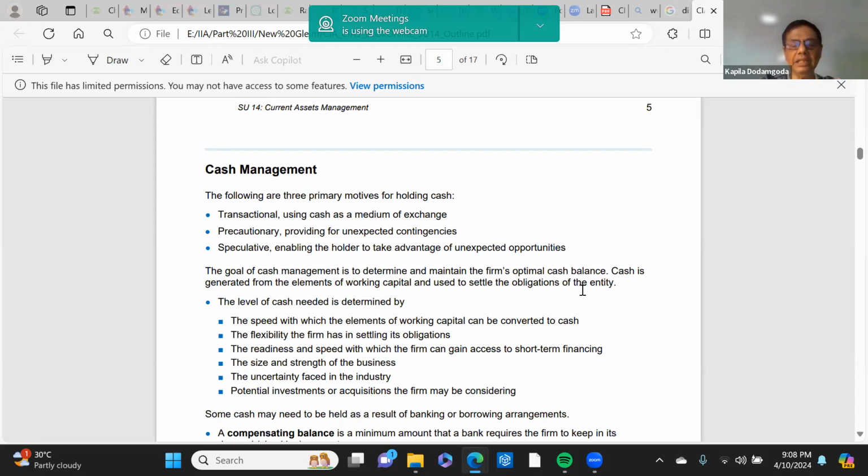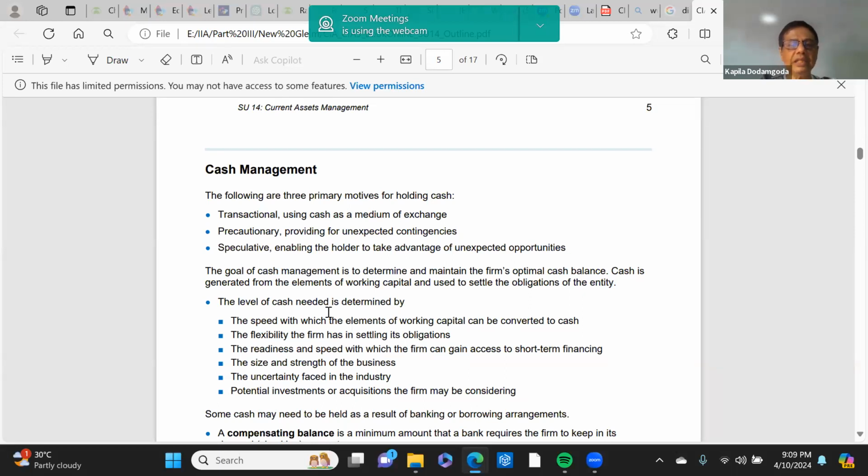So when you decide on the optimum cash balance, usually the cash is generated from the elements of working capital, right? In your working capital cycle, raw material gets converted to work in progress, work in progress gets converted to finished goods and gets sold, converted to debtors, and debtors pay you, and you get cash, right? So that is what happens.